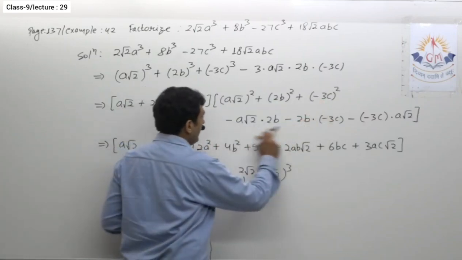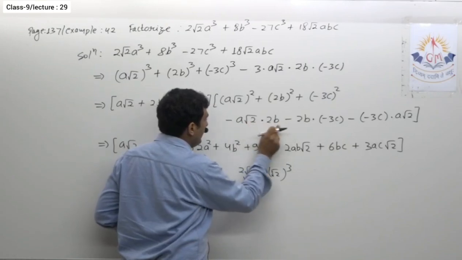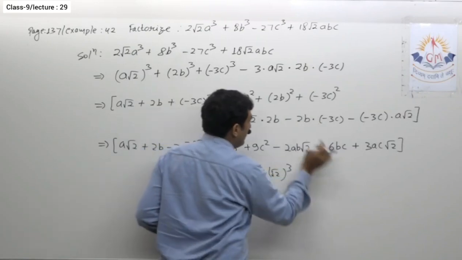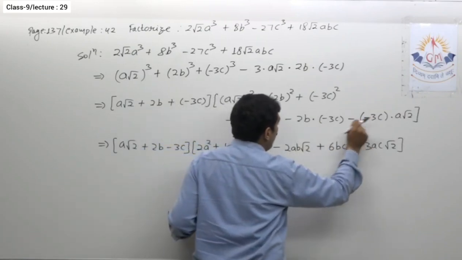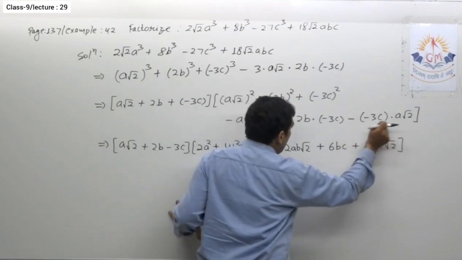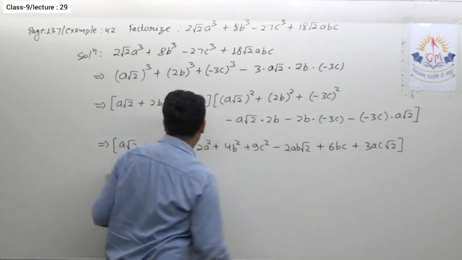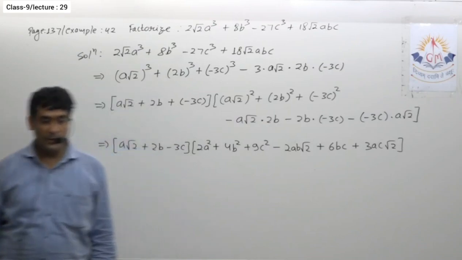Now over here it is minus 2 into a into b into root 2, that is 2ab root 2, then minus minus plus 2 into 3 is 6bc, and over here minus minus plus 3ac root 2. In that way these are the factors of the given expression. So I hope this is clear to you.